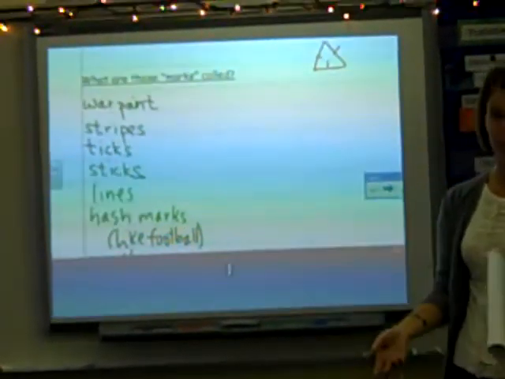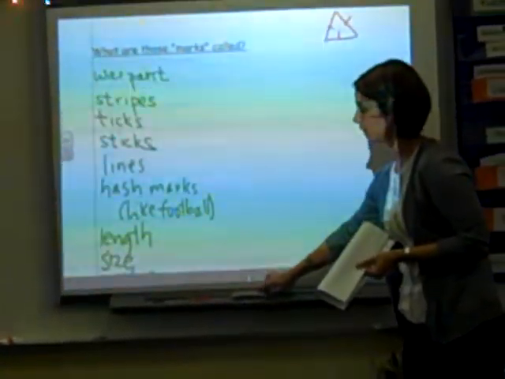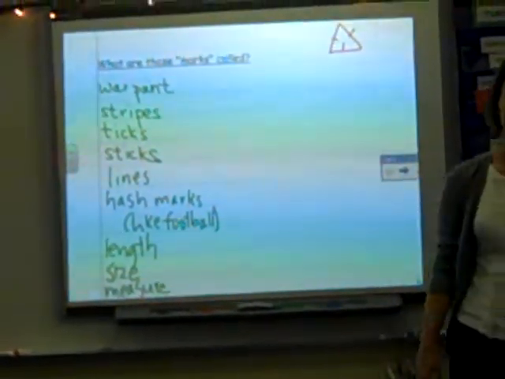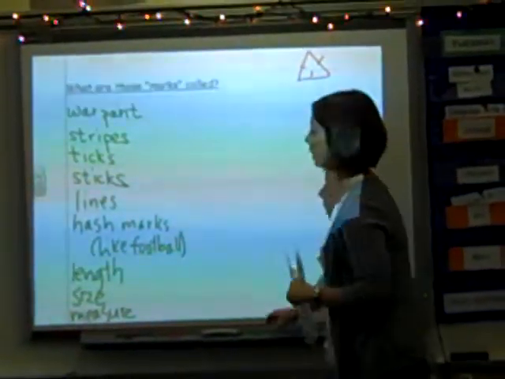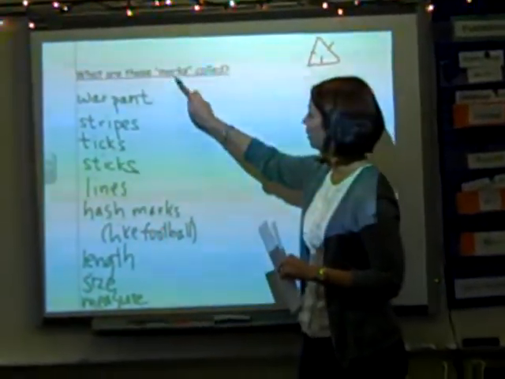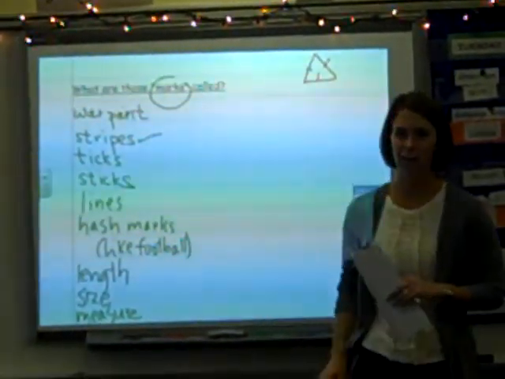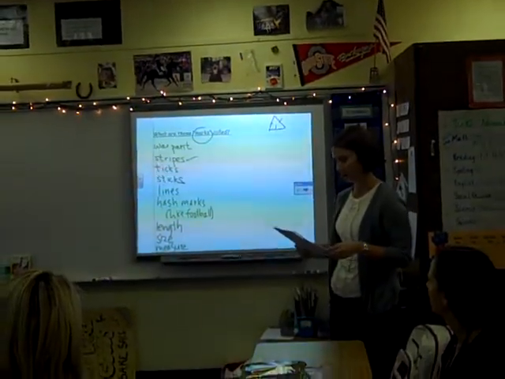The hash marks, like on a football field. They could mean length, size, or measurement. So, like you said. So we decided in my class that we were only ever going to call them the marks or the stripes. So we decided that we would have a common name for the marks of the triangle.